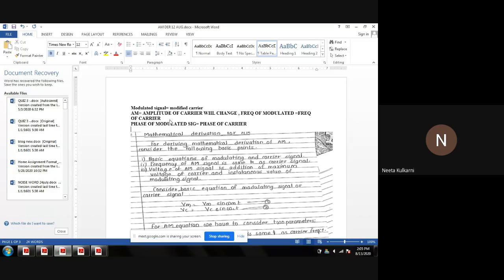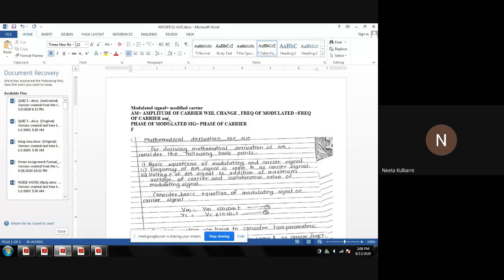Suppose FC is frequency of carrier, FM is frequency of modulating signal, and FAM is frequency of amplitude modulated signal. So what I can write here, FAM is equal to, should I write FC or FM? AM ची फ्रिक्वेन्सी कुठल्या सिग्नल सारखे असणार आहे?